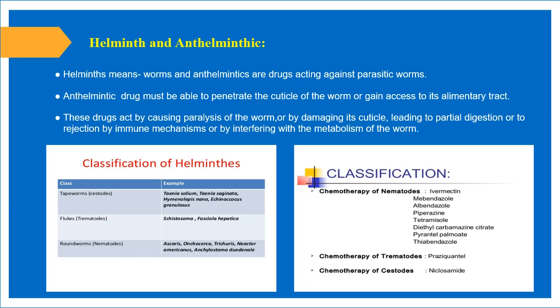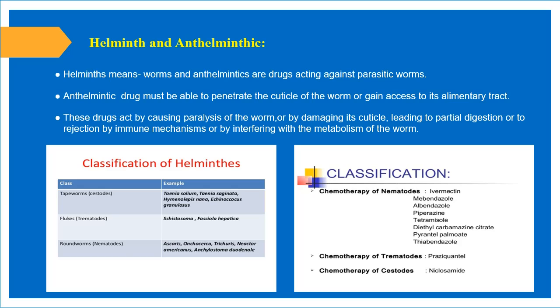The best example is Ascaris lumbricoides, which is a very common helminth residing in the alimentary tract, or Enterobius vermicularis, or tissue roundworms like Dracunculus medinensis, Wuchereria bancrofti, Loa loa or Onchocerca volvulus.